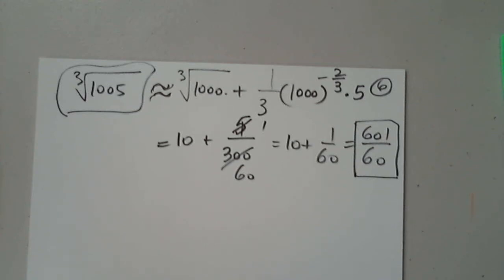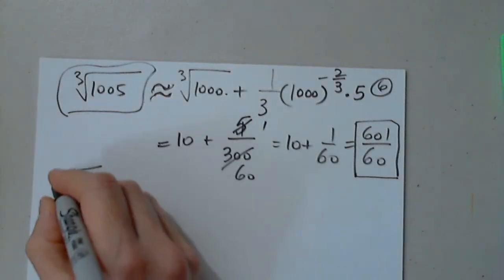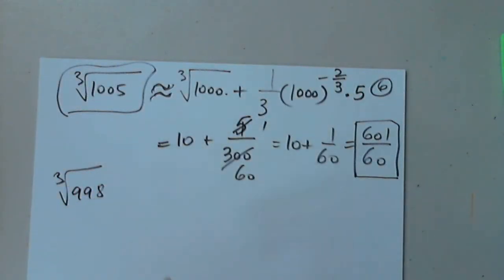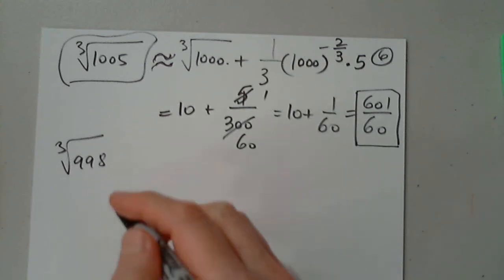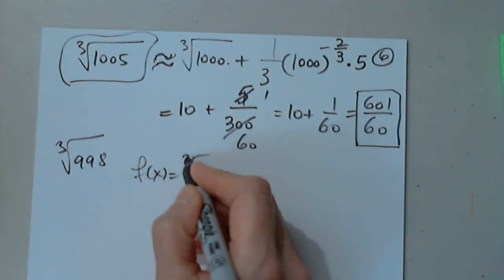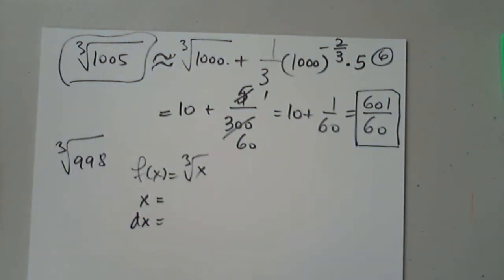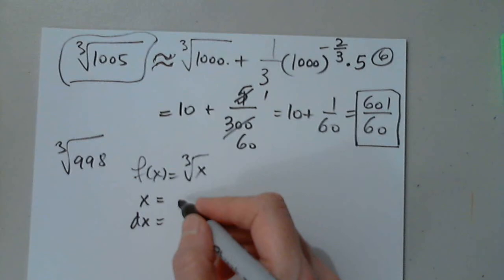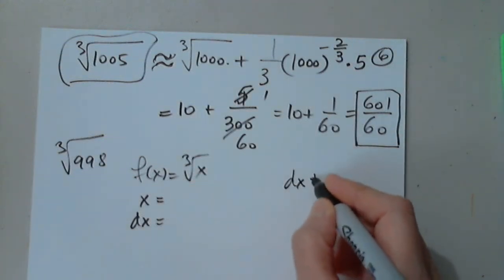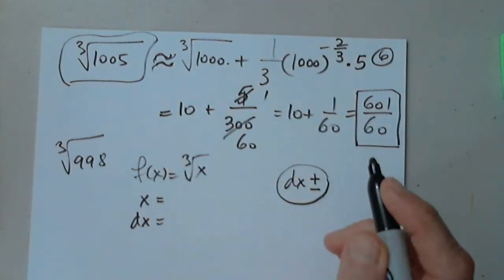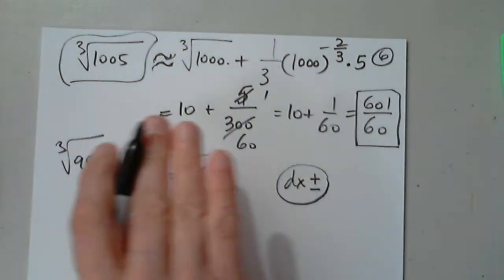What if I have, for example, the cube root of 998? The function is still the cube root. What will be x and what will be dx in this situation? Good question. So remember, dx could be positive or negative. It doesn't always have to be positive, because you could be on one side or the other.